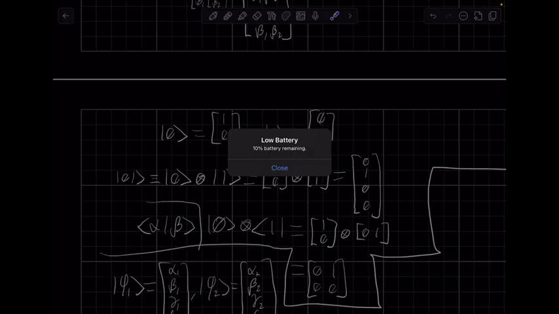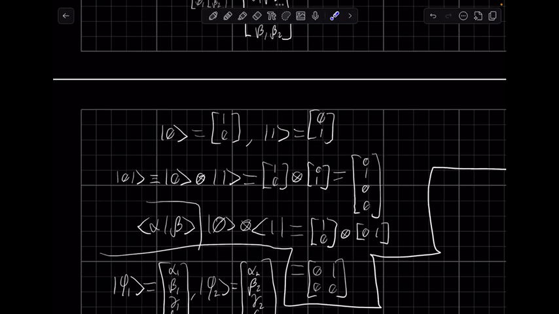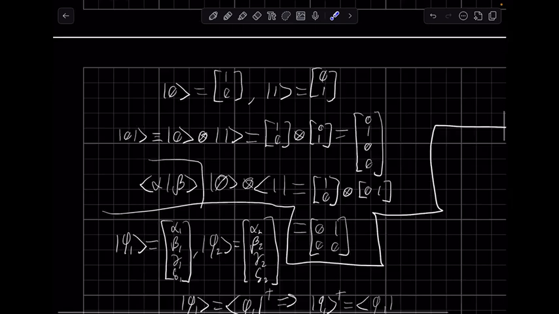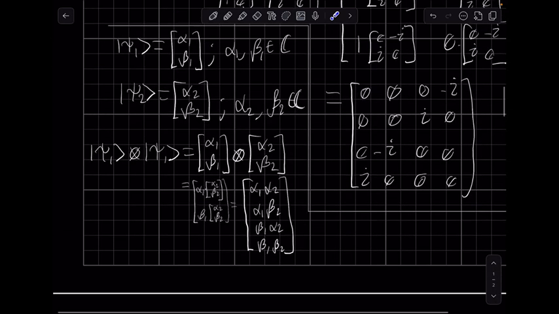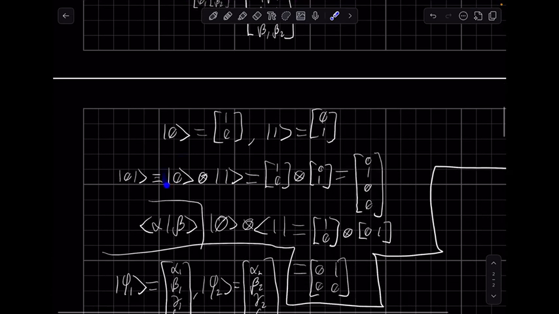Okay, so now if we want to talk about this example here, where we're analyzing the 0 vector state and the 1 vector state, basically the tensor product here is just that same process of taking this and expanding it here, and then distributing the multiplication. So with this, a more compact way of writing it is like this.